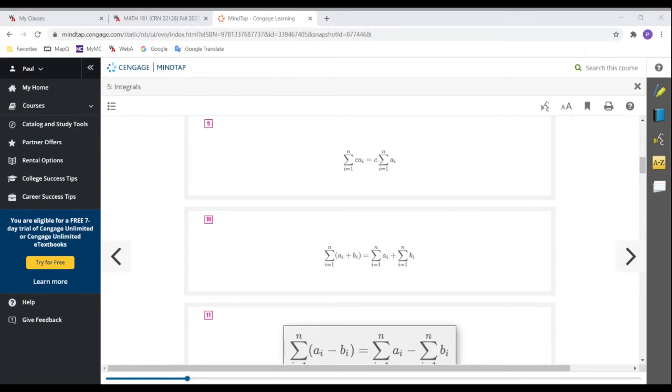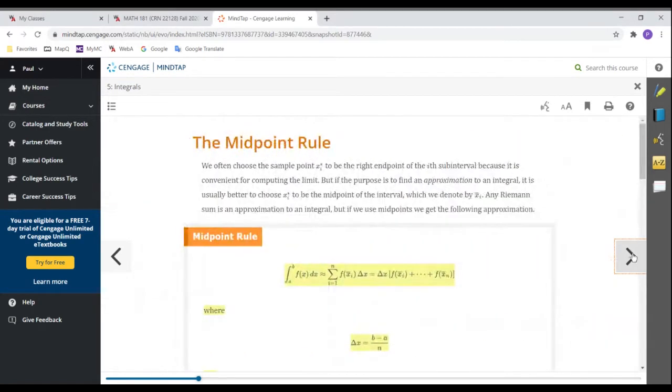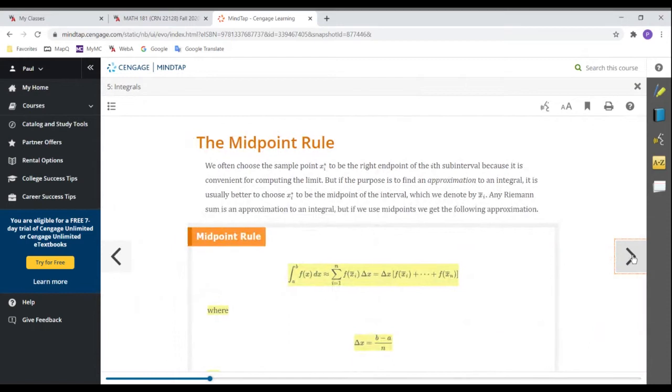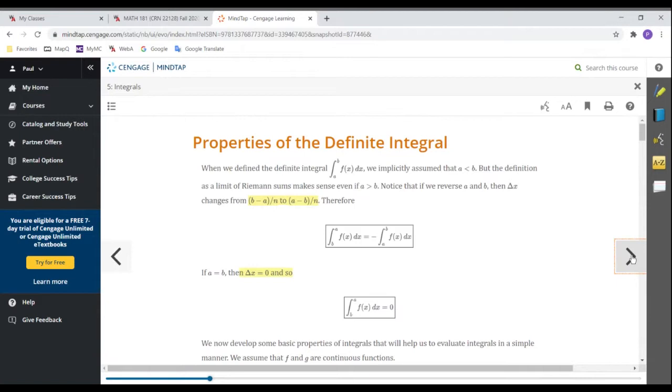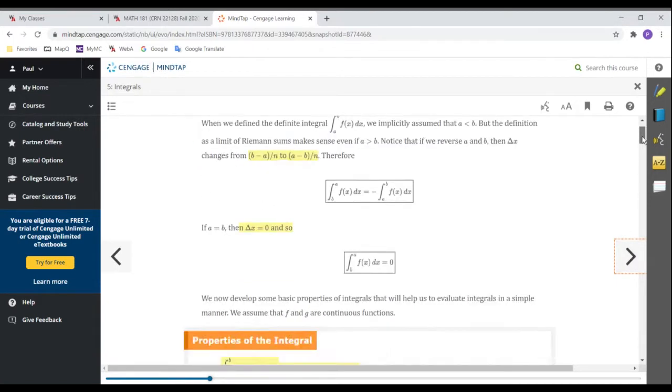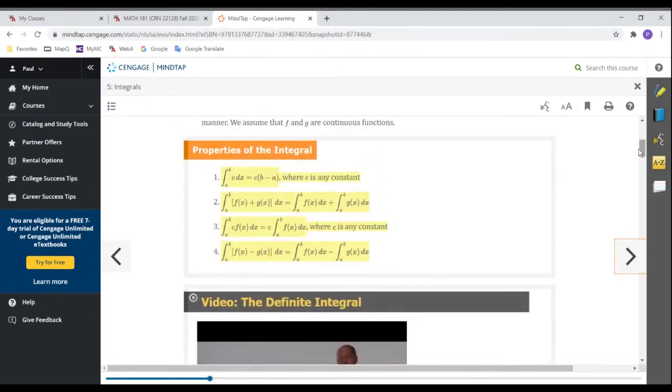So if you're comfortable with those properties, I should say, they're not definitions, they're intuitive properties, then properties 2, 3, and 4 should hopefully be intuitive to you, because they correspond to those properties of the summations that we just looked at.